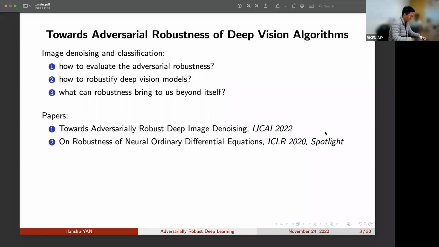So we are very interested in whether, besides itself, robustness may bring us some generalization to unknown data. This talk will cover two papers. The first one is towards adversarially robust deep image denoising, and the second one is on the robustness of neural ODE models.